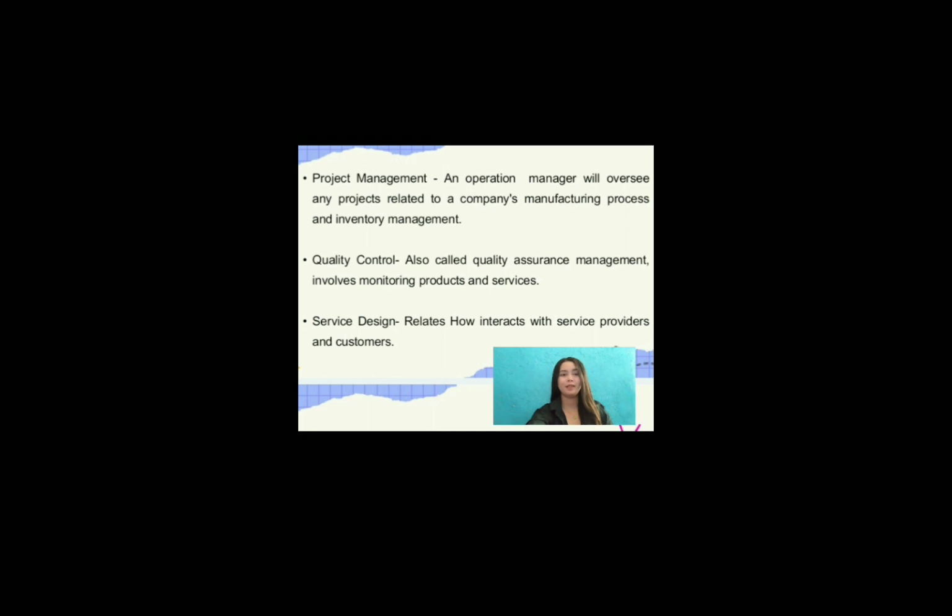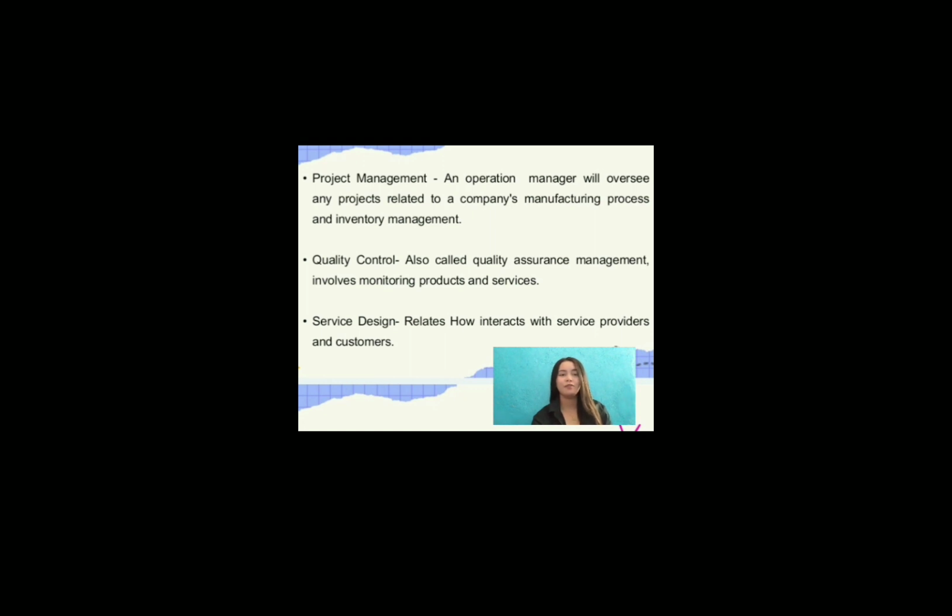So the next responsibility is project management. An operations manager will oversee any project related to a company's manufacturing process and inventory management. This is the application of knowledge, skills, tools, and techniques to project activities to meet the project requirements. It involves planning, organizing, and overseeing the execution.